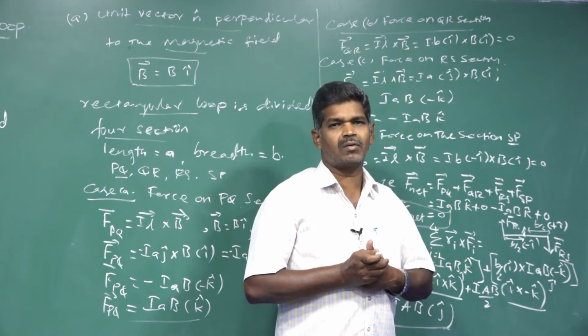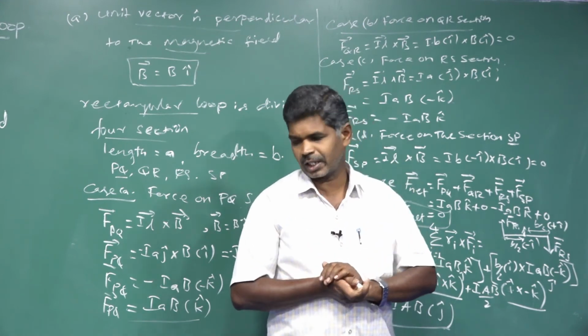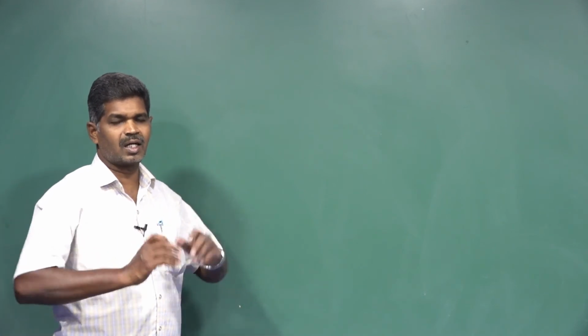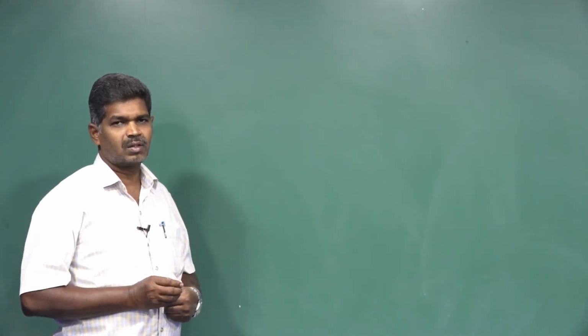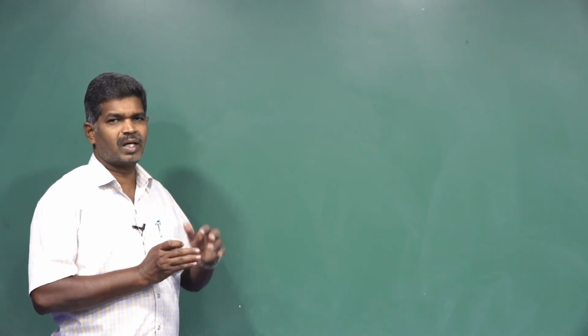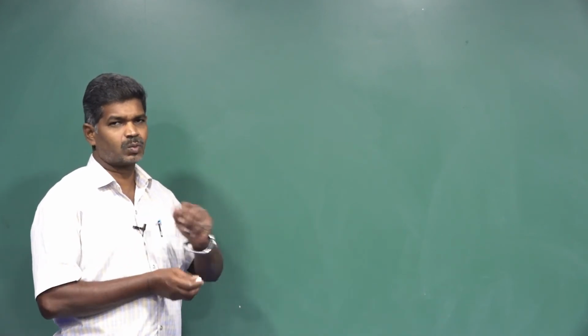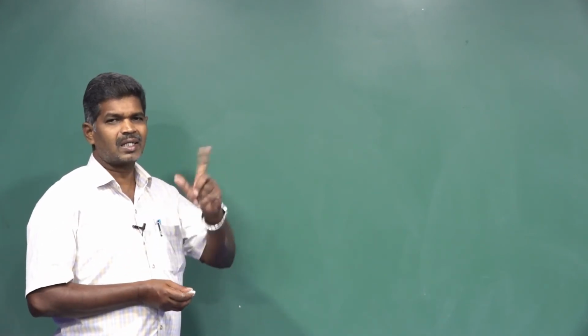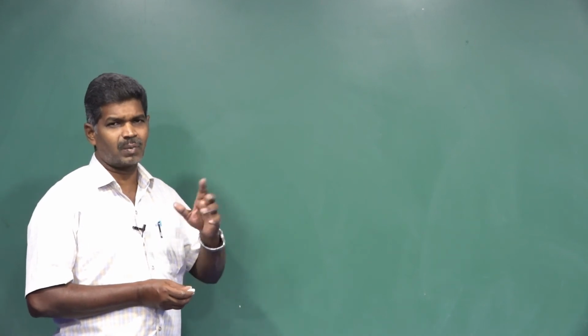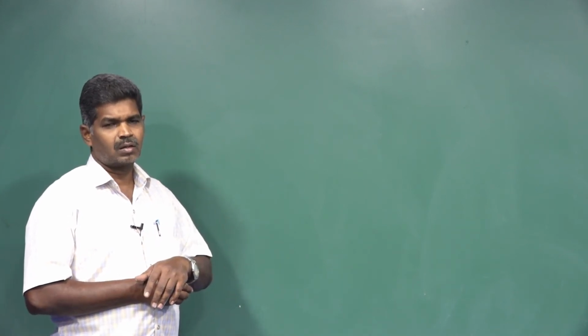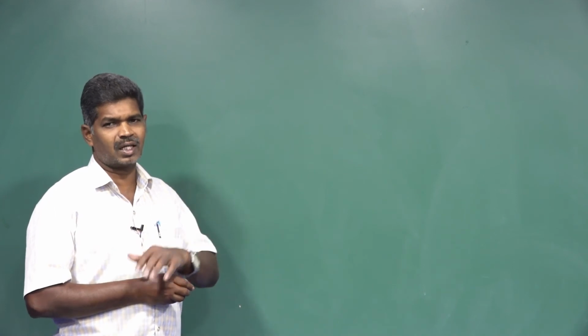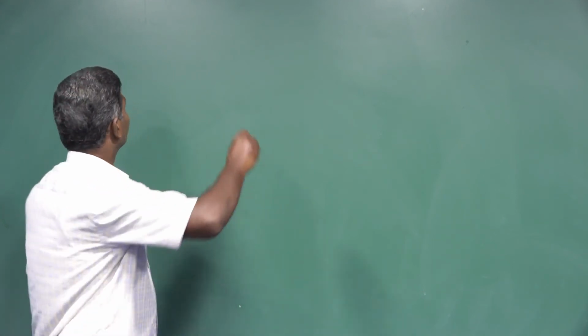That we are going to derive, that is the general expression. Next we are going to see the general expression of the torque when the plane of the loop makes any angle. That's why n cap, that is a unit vector, normal vector, making certain angle with the magnetic field.